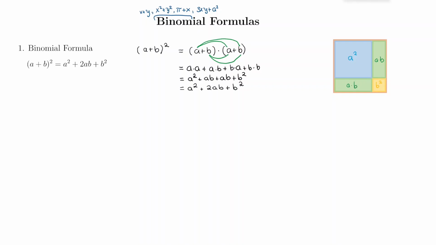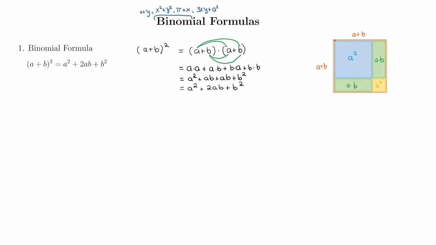Okay, what does this have to do with our binomial formula? Let's have a look at the orange square. What is the length? Here we have a and here we have b. So here we have a plus b. And here we also have a and b. So here we also have the length a plus b.